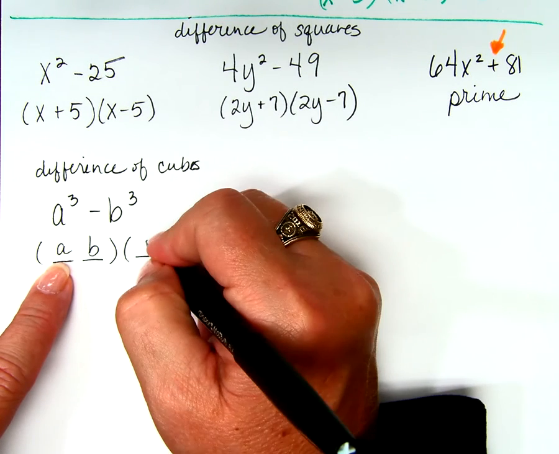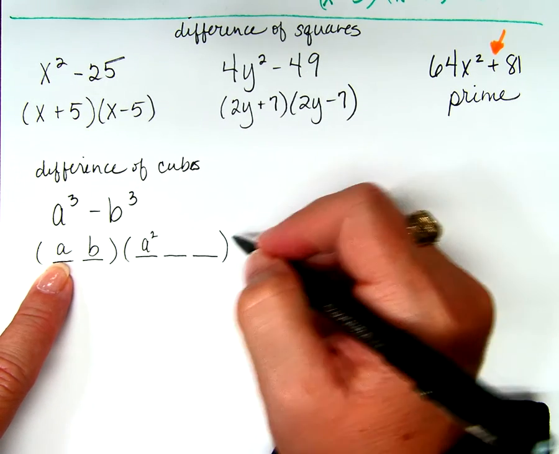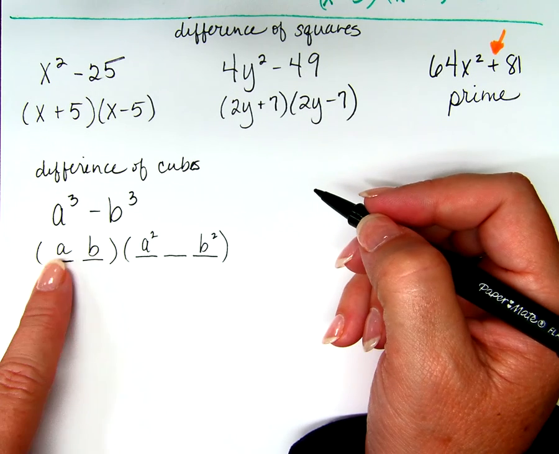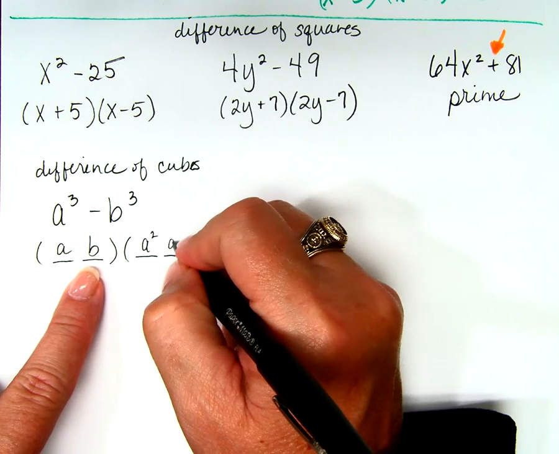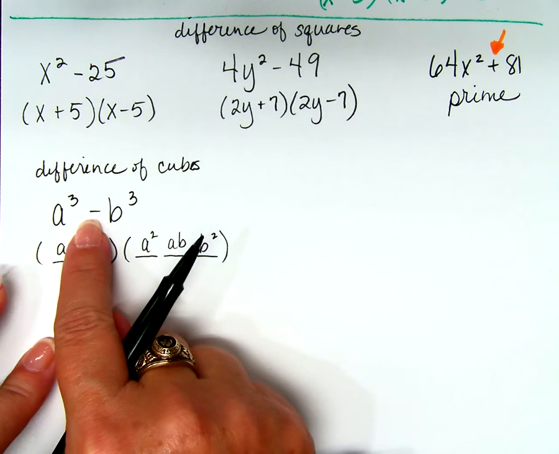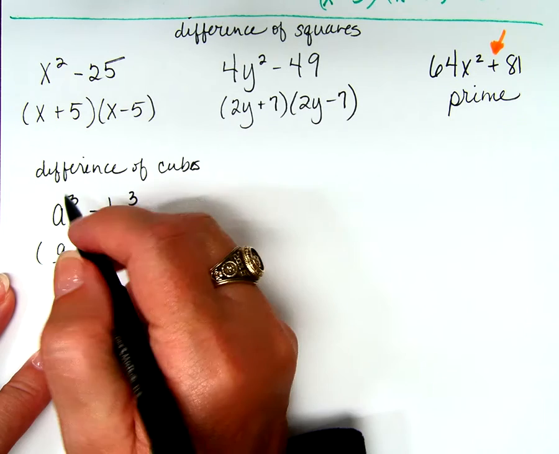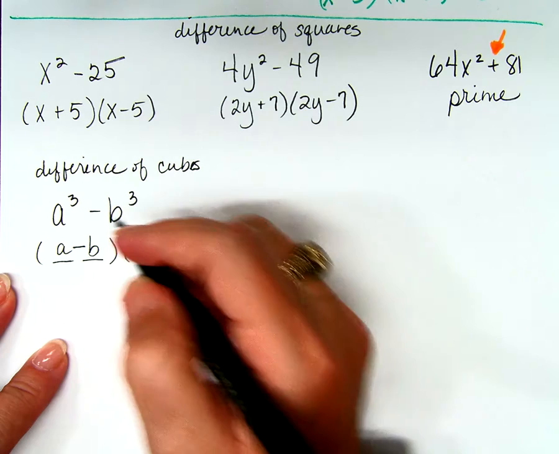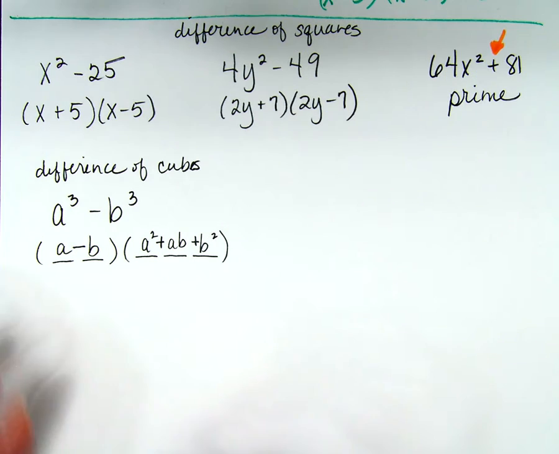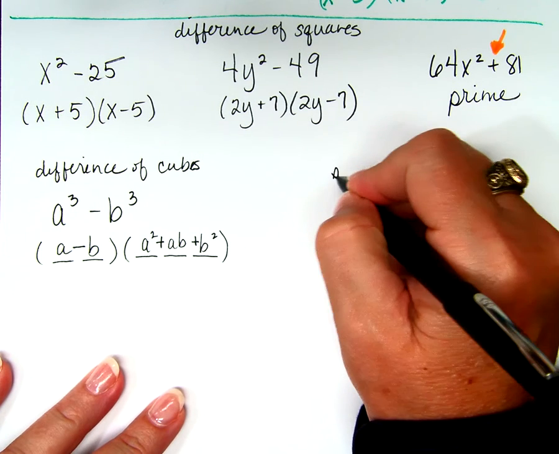First term is this term squared. Last term is this term squared. And the middle term? A times B. Okay? Whatever this sign is, that's the sign in the binomial. The next sign is opposite of that. The last sign is always plus. Is any of this coming back to you? Good. What about the sum of cubes?